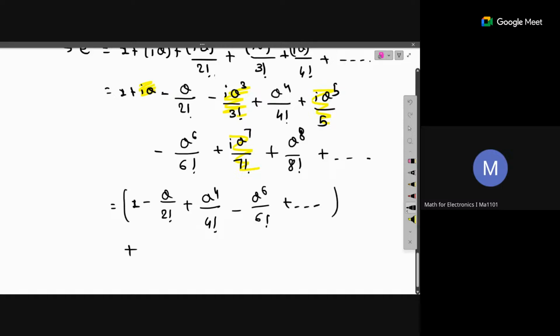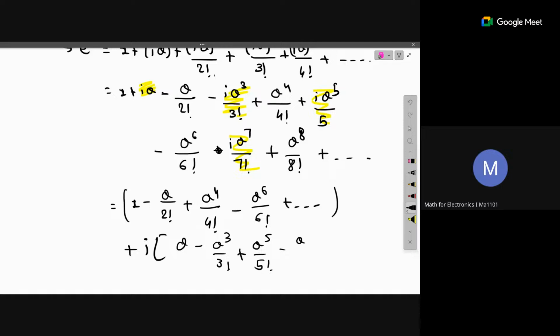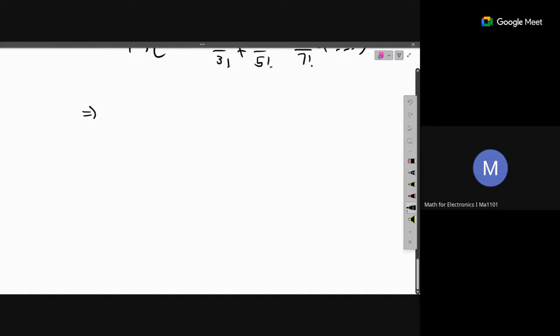And I'll take iota common: plus iota times theta minus theta cube by 3 factorial plus theta to the power 5 by 5 factorial minus theta to the power 7 by 7 factorial plus and so on. So we know that this series is nothing but cos theta and this series is nothing but sin theta. So ultimately we get e to the power iota theta is nothing but cos theta plus iota sin theta.